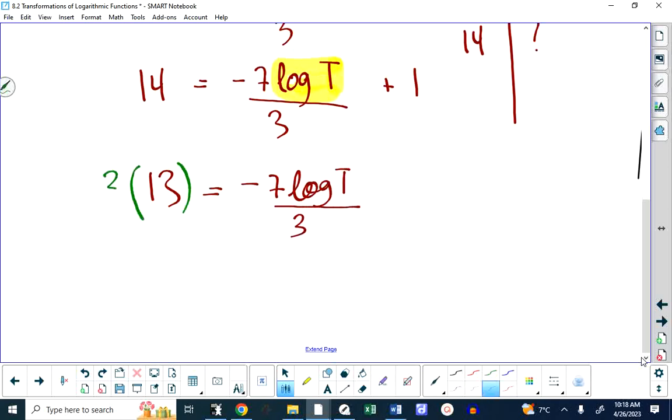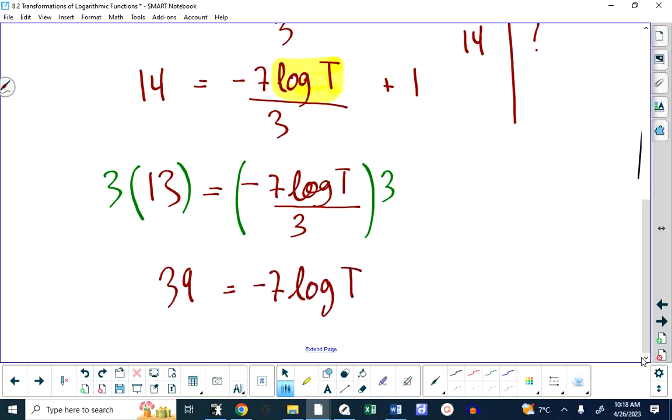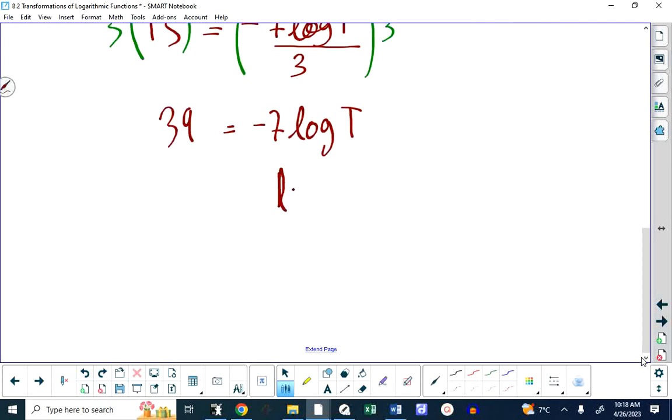I'm just going to show this, although I don't think you really need to, and get 39 equals negative 7 log t. And then we can divide both sides by negative 7. We're just rearranging by getting rid of coefficients and constants. And you end up with log of t, the proportion of light that it allows through, equals 39 over negative 7, which is some number.